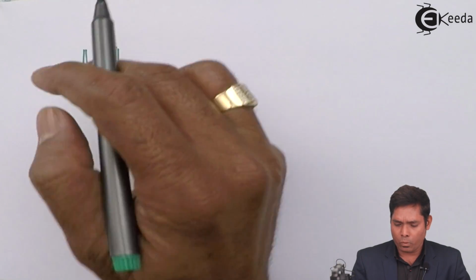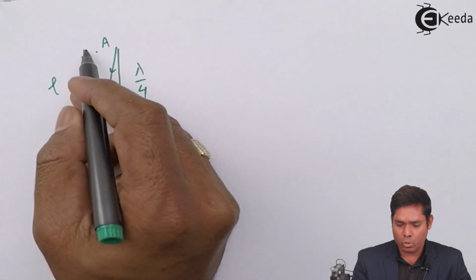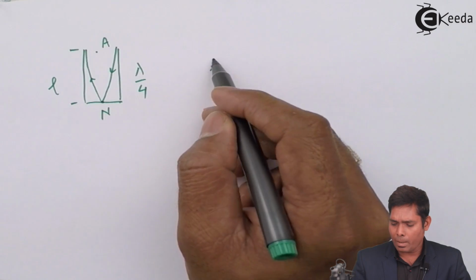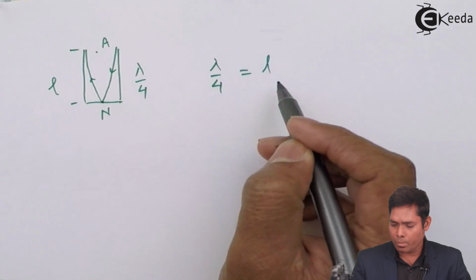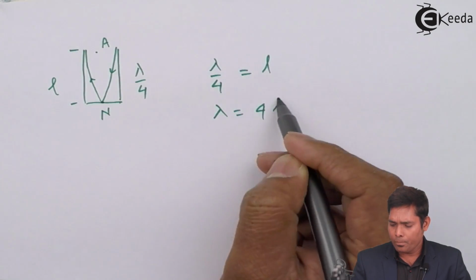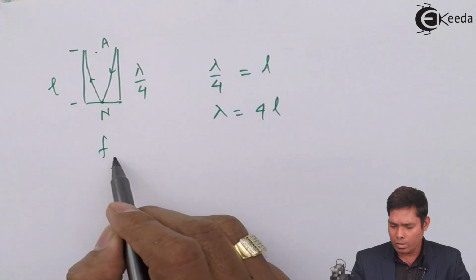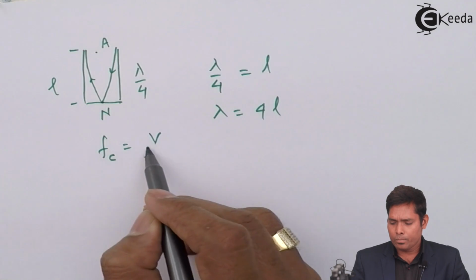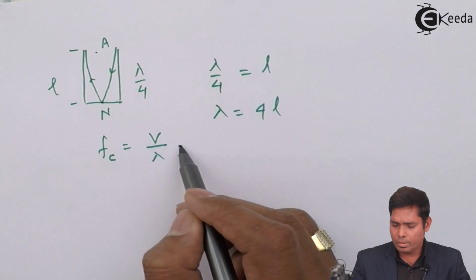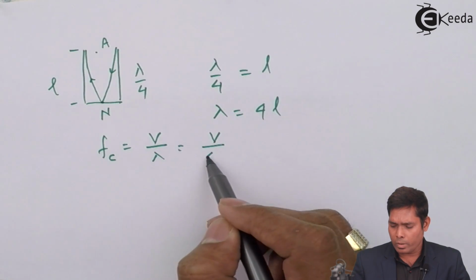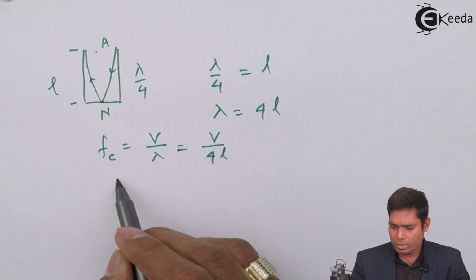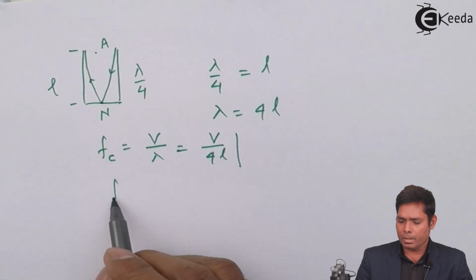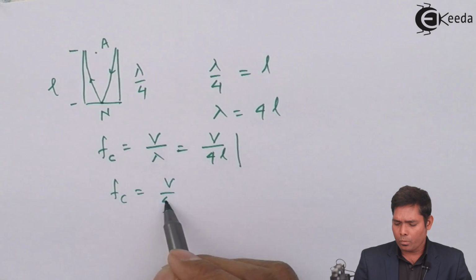This lambda by 4 is equal to the length L of the tube. So lambda is 4L. So the fundamental frequency in a closed tube is V by lambda, that is V by 4L.